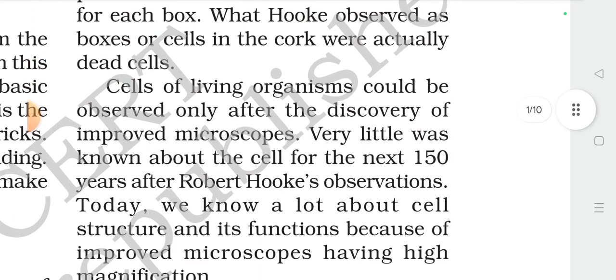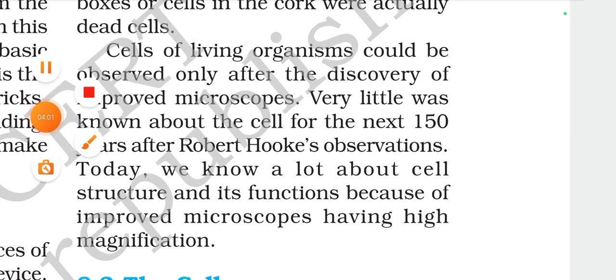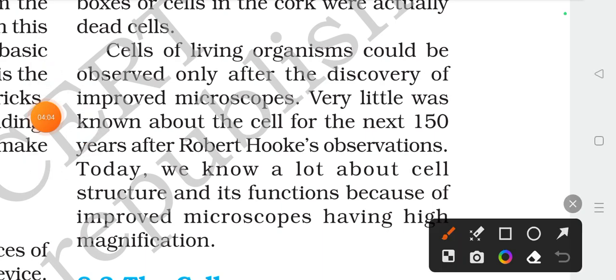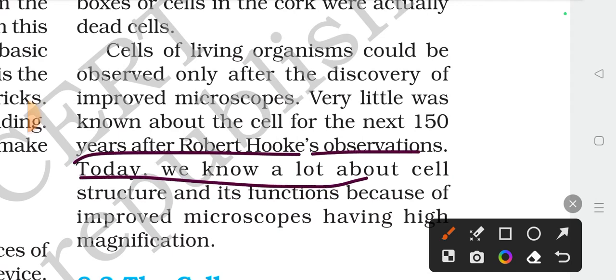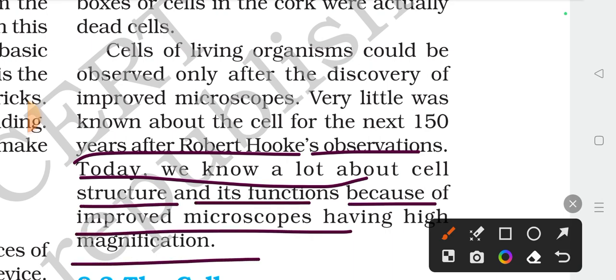Okay. Cells of living organisms could be observed only after discovery of improved microscope. Of course, very little was known about the cell for the next 150 years after Robert Hooke's observation. Today we know a lot about cell structure and its function because of improved microscopes having high magnifications.